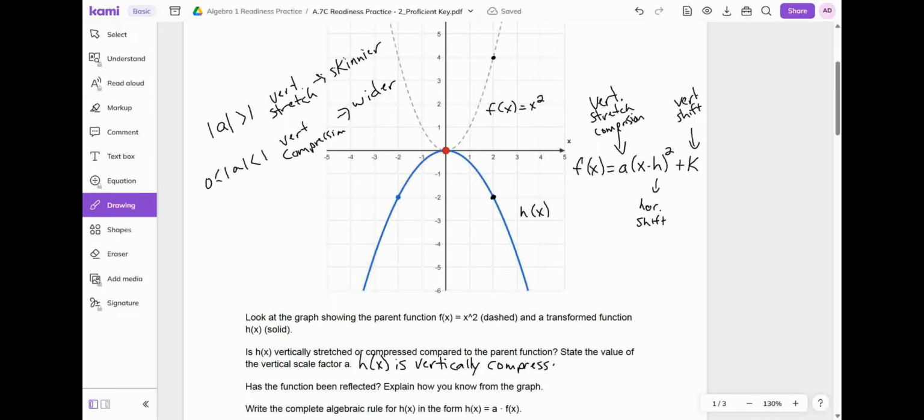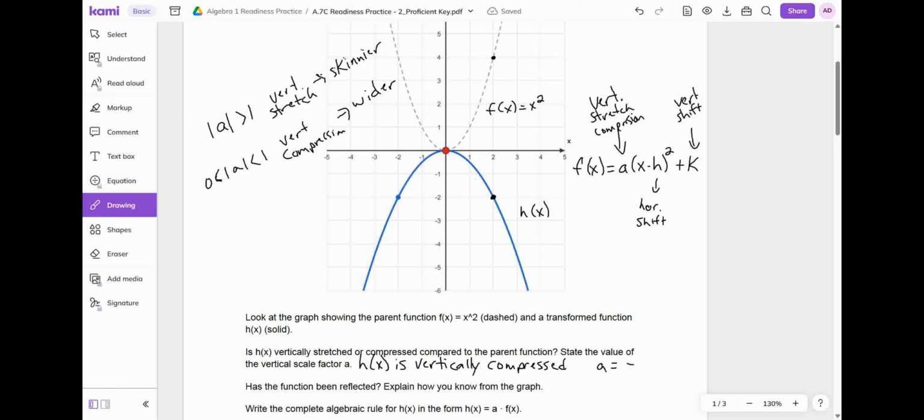It's wider. Now, we need to state our a term. First off, what we didn't say before, but hopefully we kind of intuited, is if that a is negative, that's why we had absolute value. If that a is negative, you're going to reflect it over the x-axis. So it's negative because we reflected it over the x-axis.